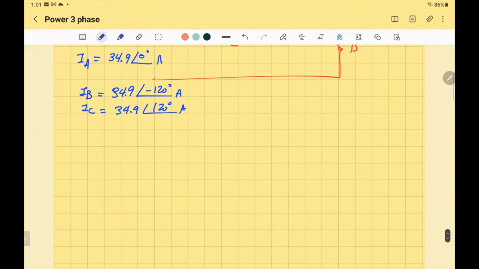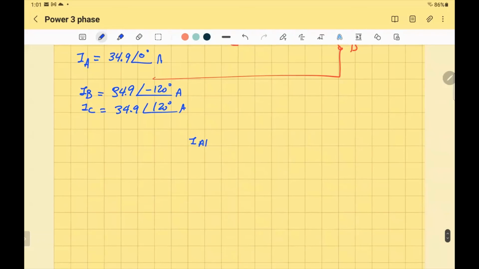So the rest of it, let me write the answer here. IAB, IBC, ICA. That's 20 angle 30. That's 20, subtract 120, negative 90. Sorry, that's 20 angle negative 90.